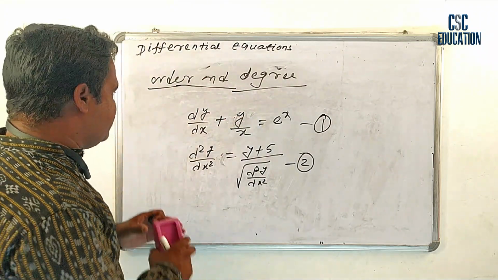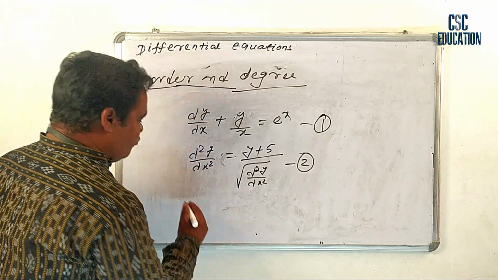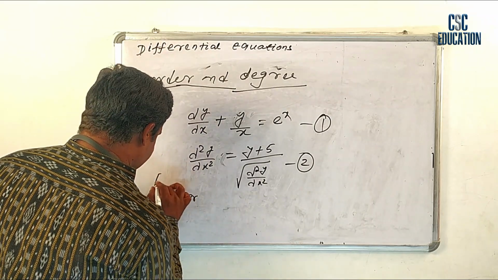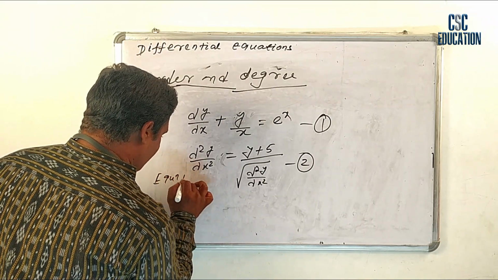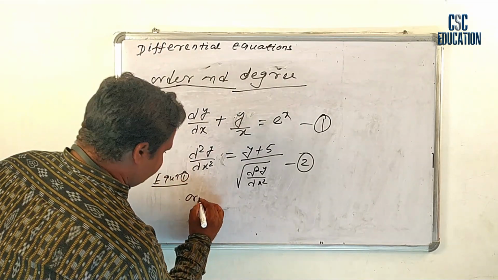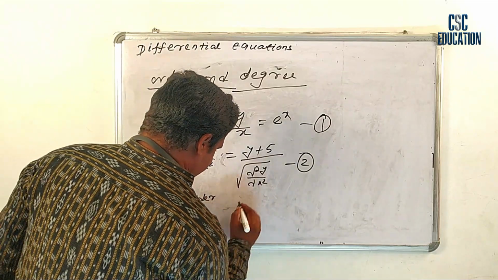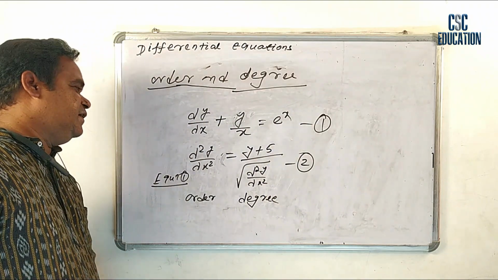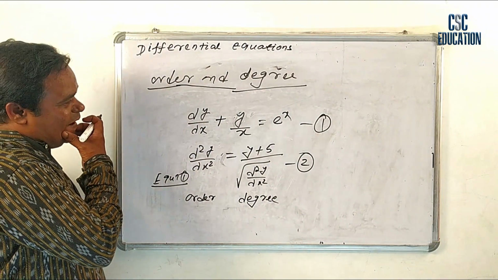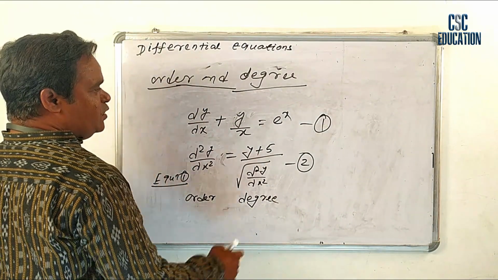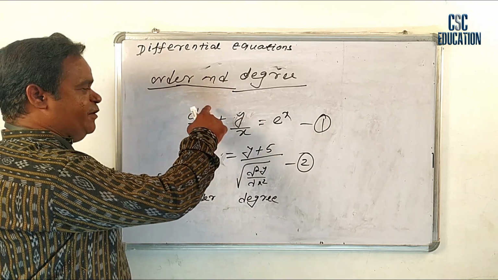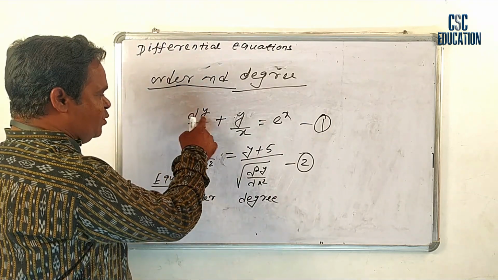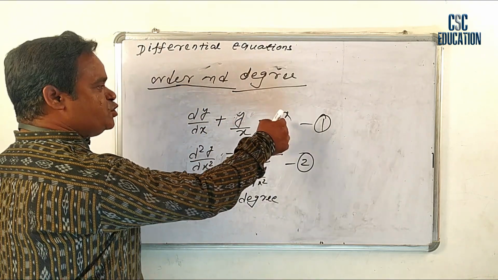Okay. Alright. So in the first equation, what is order? In the first equation, equation 1, what is order and degree? Alright. In equation 1, one derivative part is present here, that is dy by dx plus y by x equals this part.